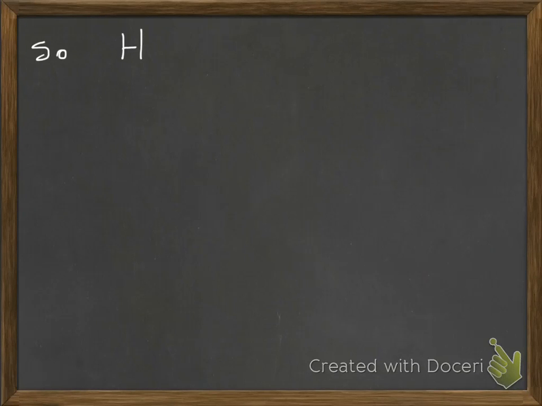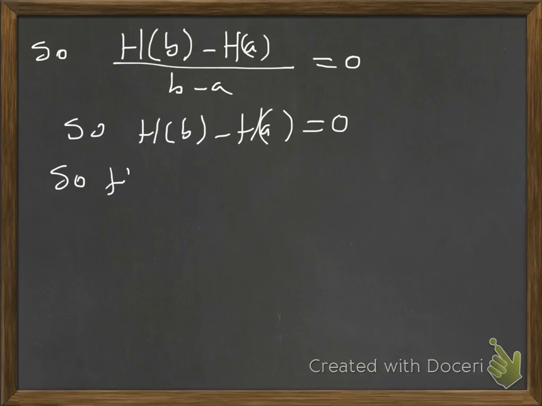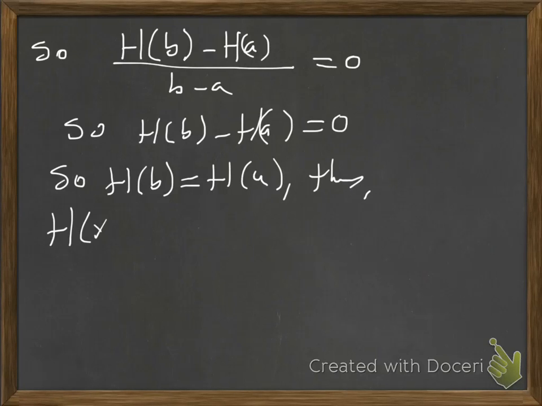Okay, so if we multiply both sides by b minus a, h of a and h of b are going to be equal to each other. And since a and b were arbitrary, this tells me that h is constant.